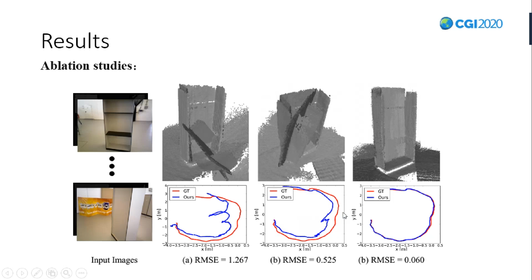However, when there are fewer planes in the scene, the camera tracking will slide easily and produce cumulative errors, as shown in Figure B. When the frame-to-model plane constraint is added, the camera drifting can be effectively alleviated, and the camera sliding can be prevented. The tracking accuracy of the camera is greatly improved, as shown in Figure C.